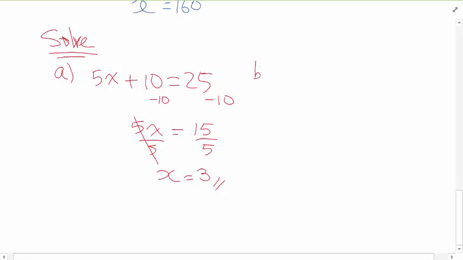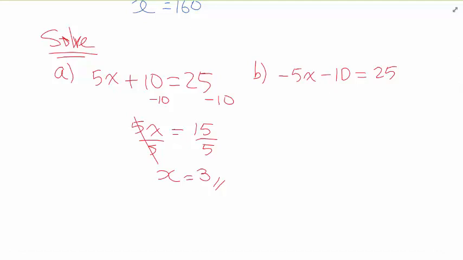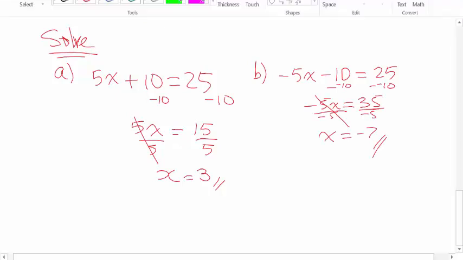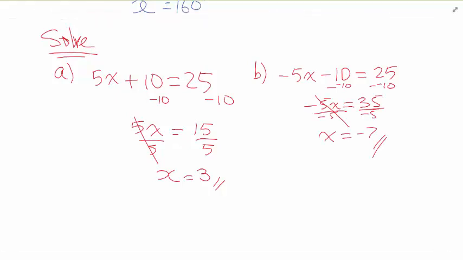Negative 5x minus 10 is equal to 25. So here, I said take it away, so take away is like minus, taking away that, which is negative 10.